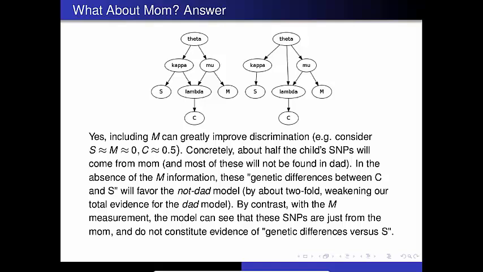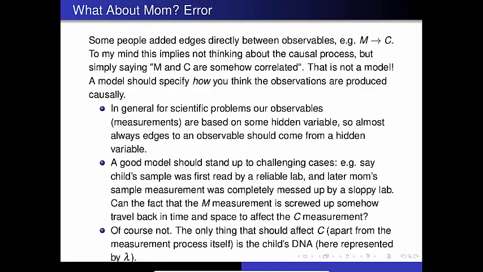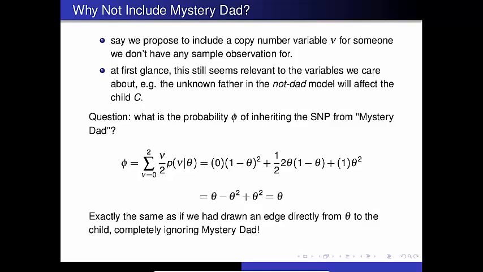Okay, well what if, instead, we stick in a hidden variable representing mystery dad, which we call nu, and it goes right on that intervening edge going from theta to lambda, just like mu is there in between theta and lambda. Of course, we can do that, and we can run through the math.